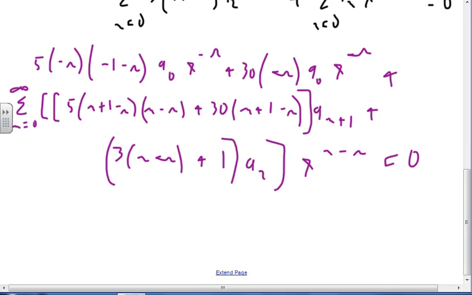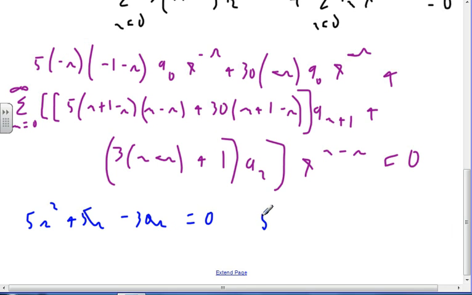Okay, now I look at the thing that's outside of the parentheses. I can divide by a0 because it's not 0. I can divide by x to the minus r because it's not 0. And I'm going to have 5r squared plus 5r minus 30r is equal to 0.